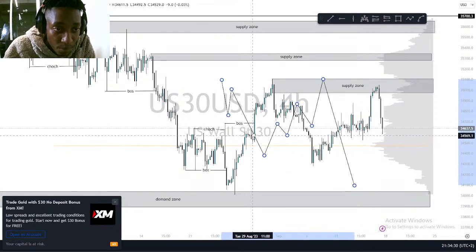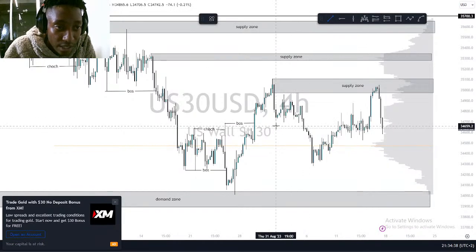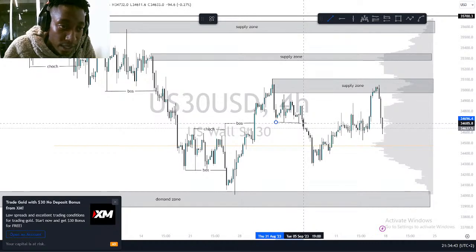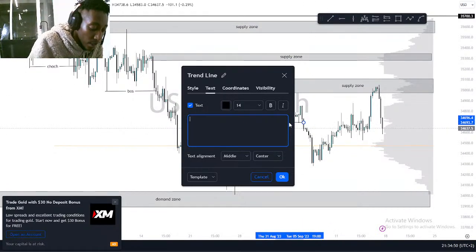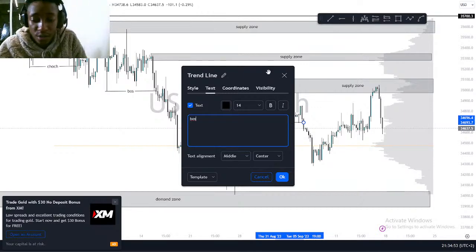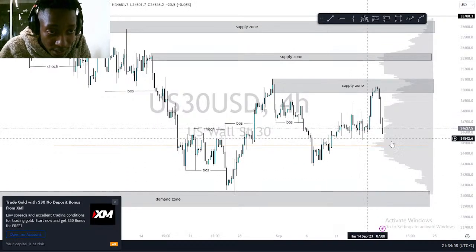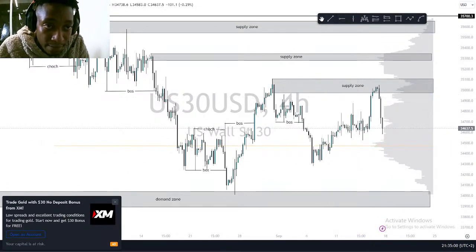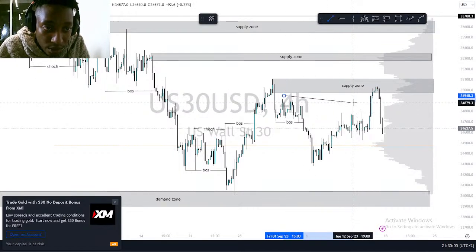Why are we targeting that demand zone? Because the market created a lot of sell-side liquidity. So before the market starts shooting up to that unmitigated supply zone, we are expecting the market to shoot down first and take out that liquidity that has been created there, because you can see here on this area it took out the buy side liquidity.